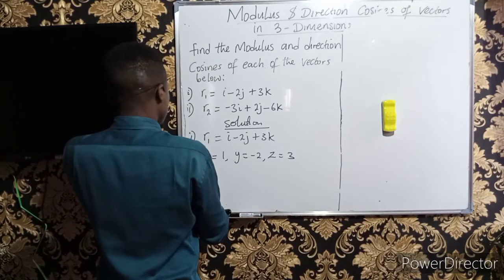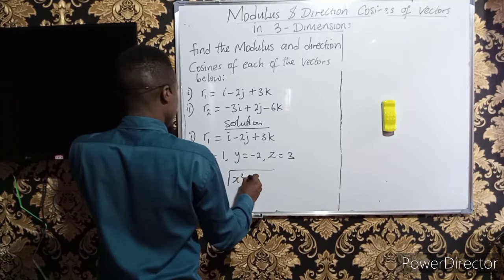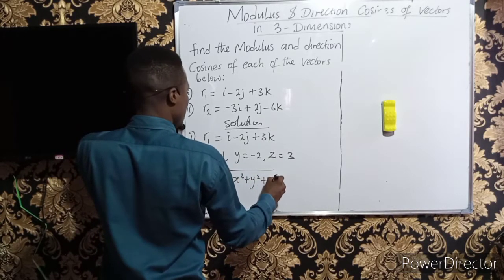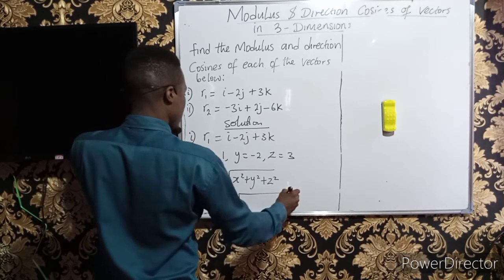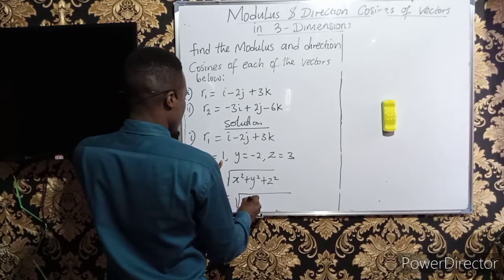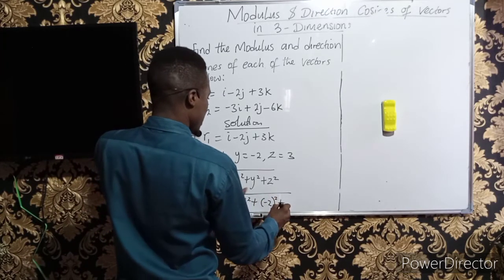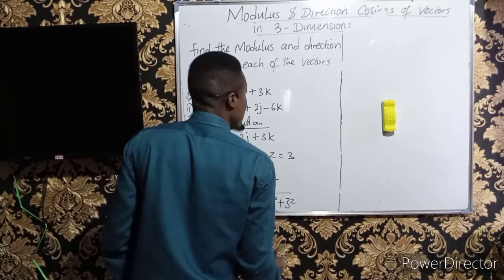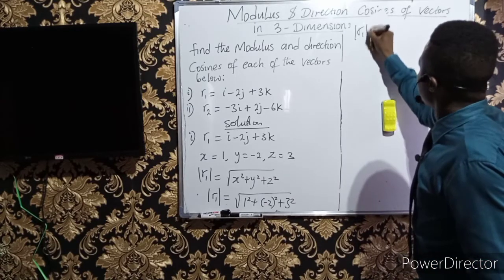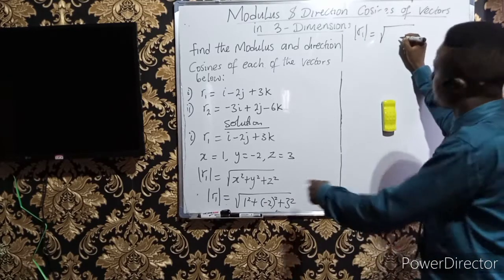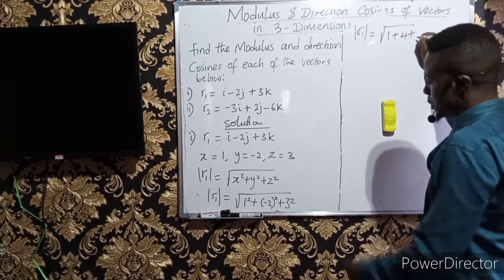Now the modulus of R1 is equal to the square root of x squared plus y squared plus z squared, which gives the square root of 1 squared plus negative 2 squared plus 3 squared.